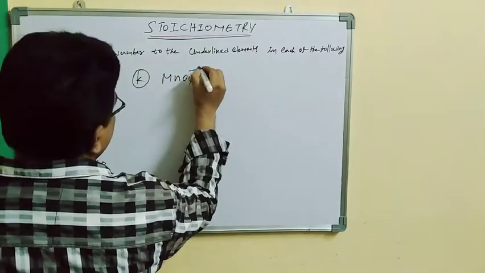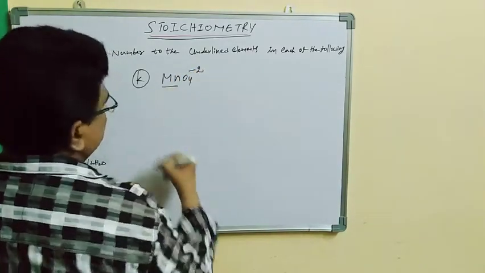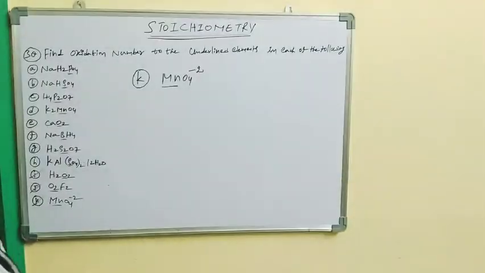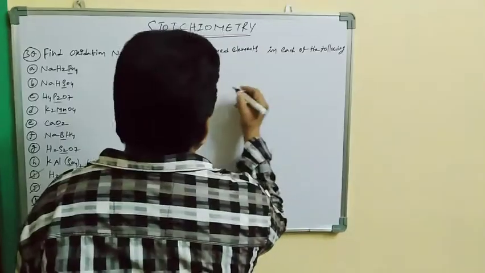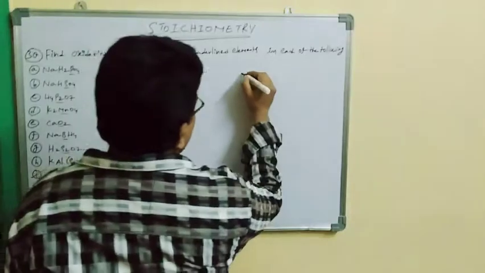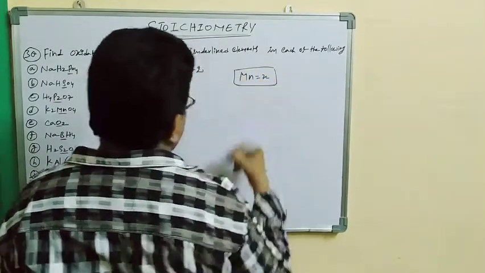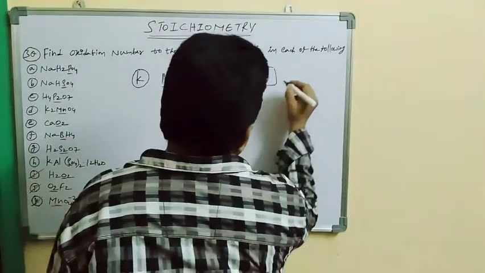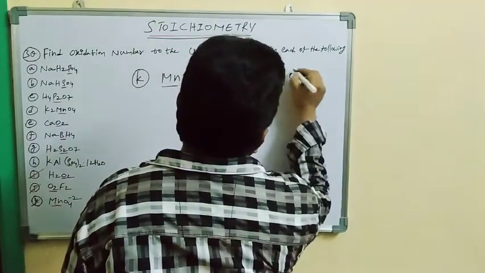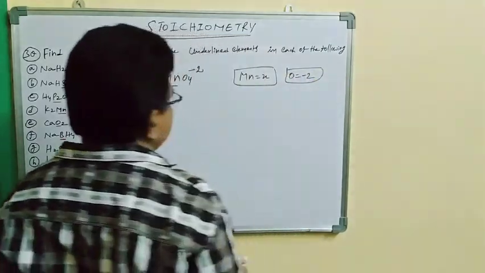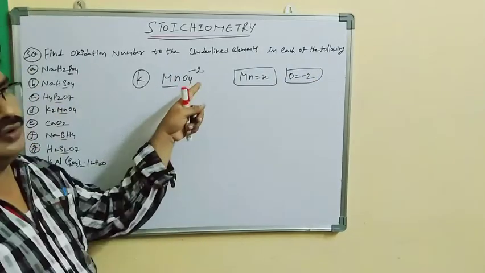MnO4 minus 2. For finding, the underlying element is manganese. See here, this is a negative radical. For understanding, writing here manganese x. We should take the normal oxidation state of oxygen, -2.